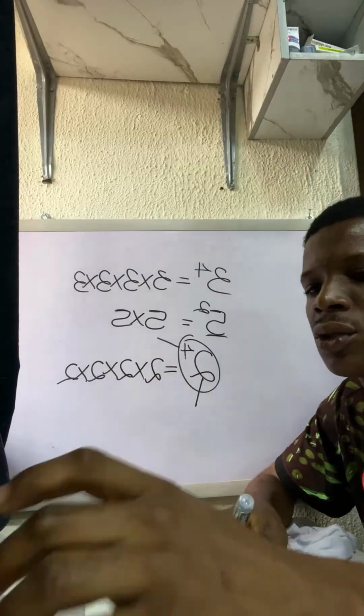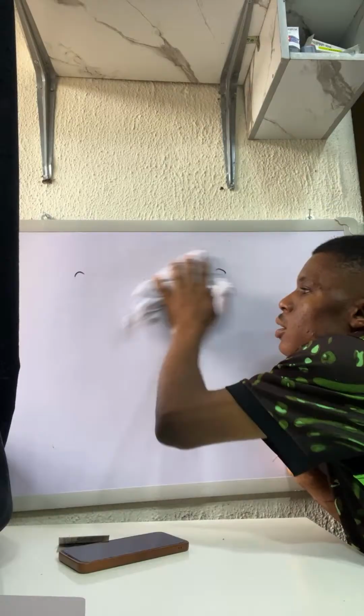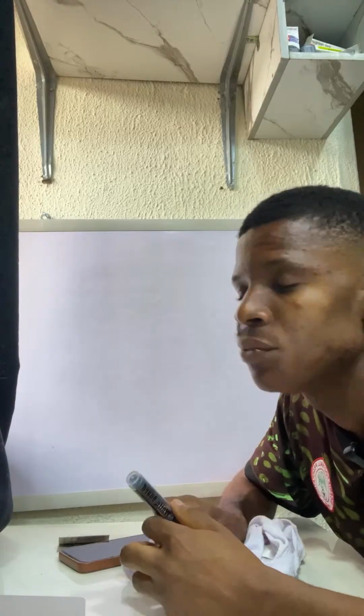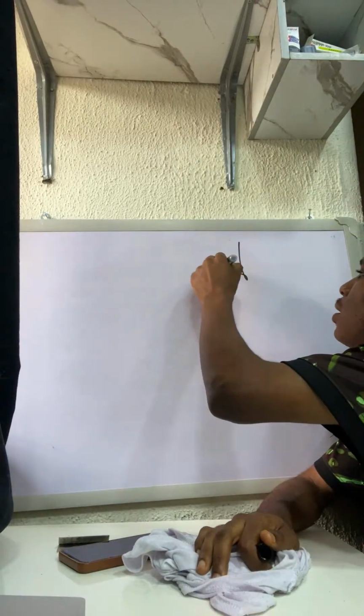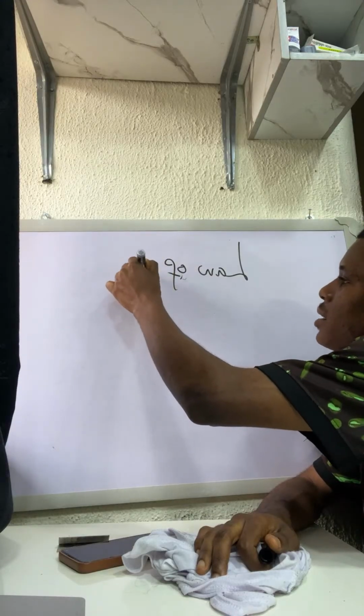Which is what? The exponential terms. So now we move to the laws of exponents. The laws of exponents are very, very simple.